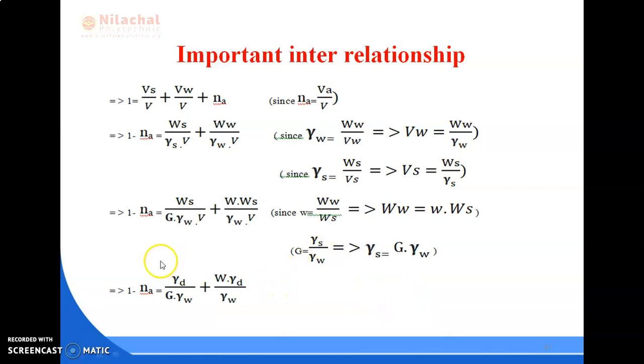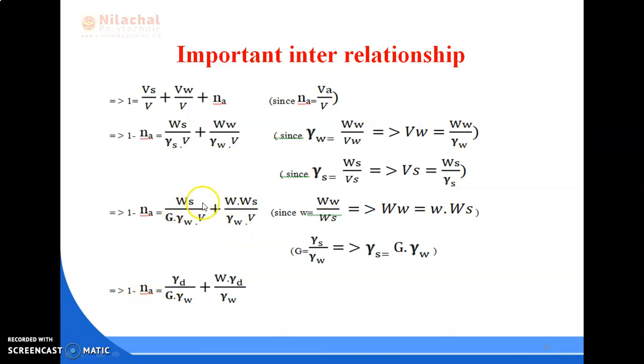So we write this here: G into gamma w into V, plus, again we change this value Ww. We know water content w equals Ww by Ws, which implies Ww equals w into Ws. So we put it here: w into Ws by gamma w into V.